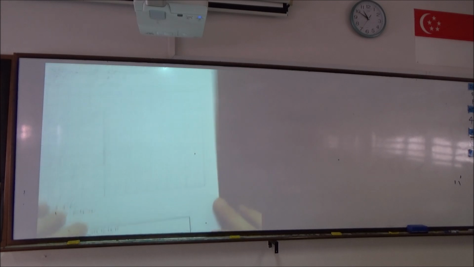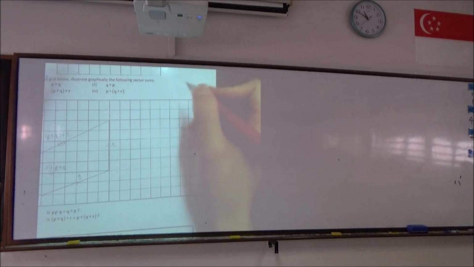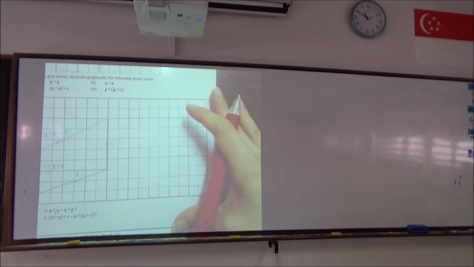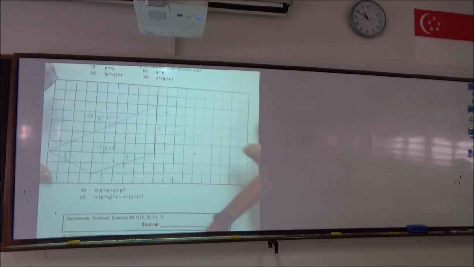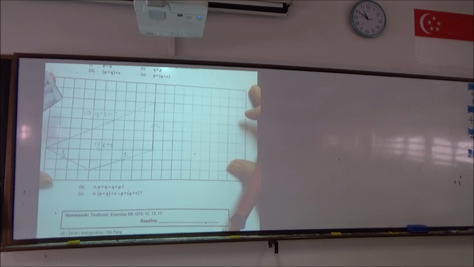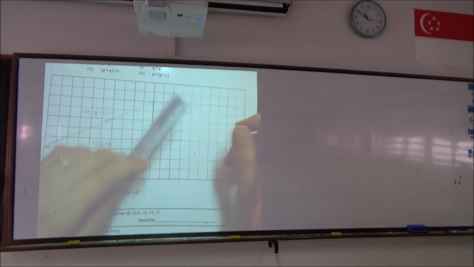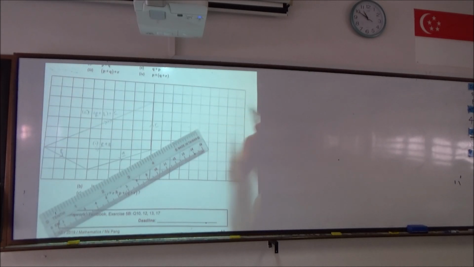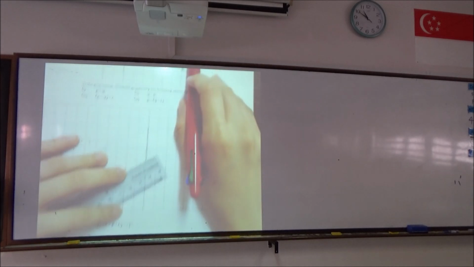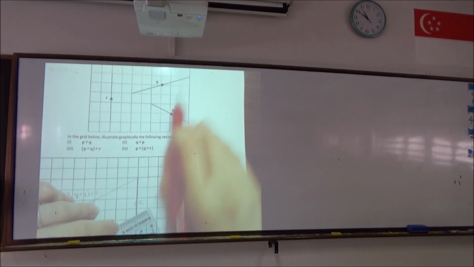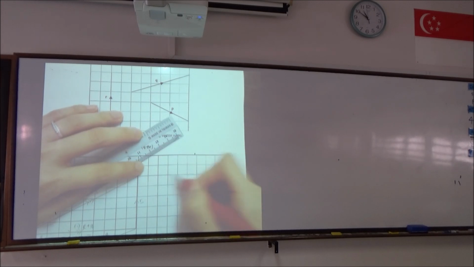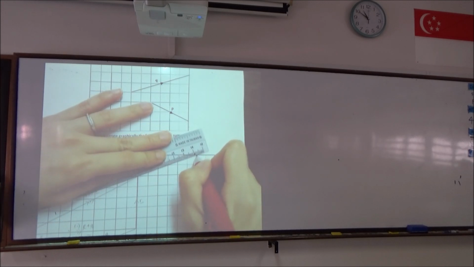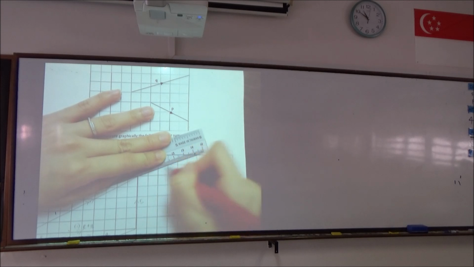Draw Q plus P. I'm trying to maximize the space over here, that's why I'm doing this over here. I know that you are highly competent to do this on your own. So Q plus P, we have this direction, this line over here, and then P is this one. Let's just start from here, 3, 4, 5, 6.